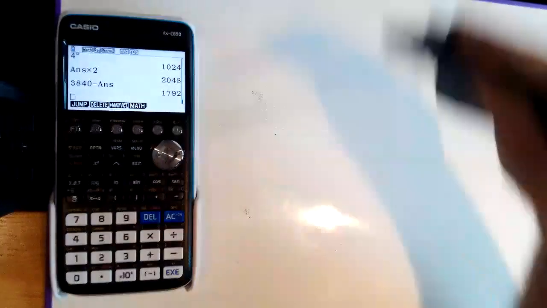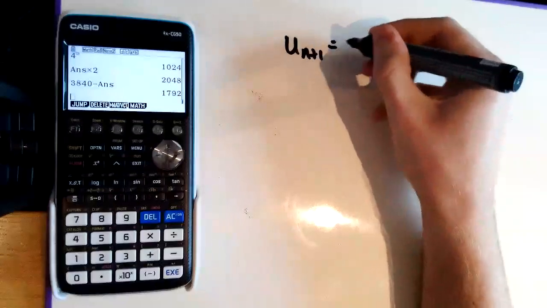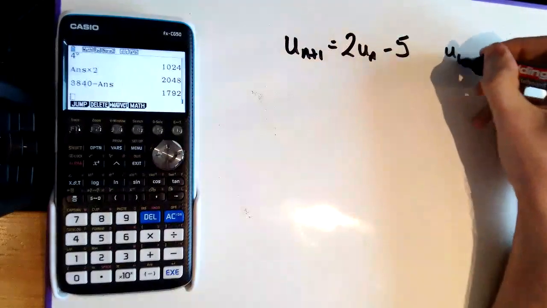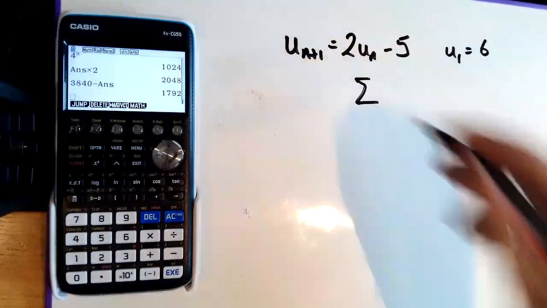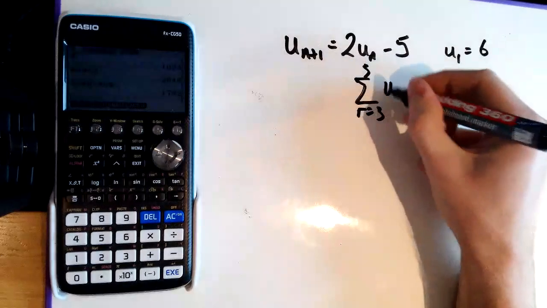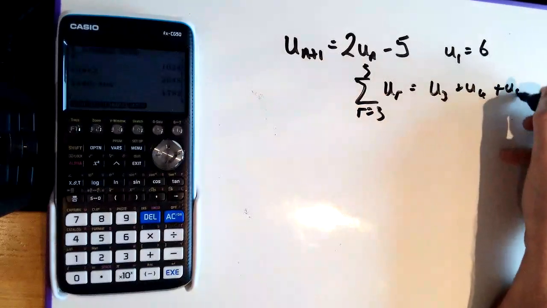Third one, we have u_(n+1) is 2u_n, take away 5, and we know u1 is 6, and we want the sum from r is 3 to 5 of u_r, so that means u3 add u4 add u5.